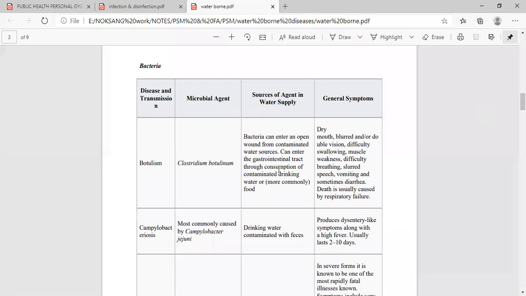For bacteria, take the pictures. And all these are important, okay? I will ask you.